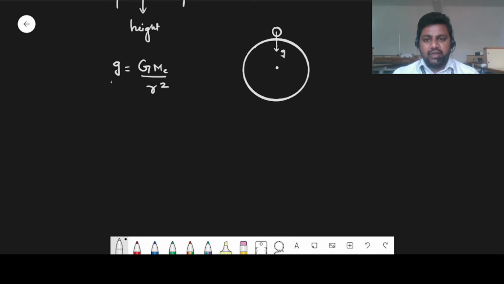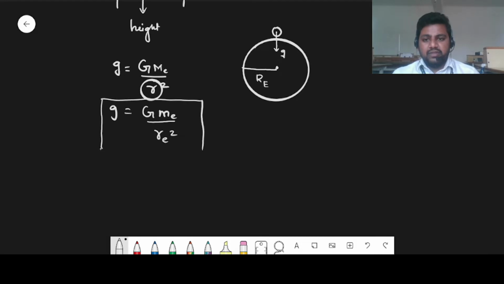Since the radius of the earth is Re, in place of r, the distance between the centers of those two objects, we can write the acceleration due to gravity as g equals G into mass of the earth divided by Re square.